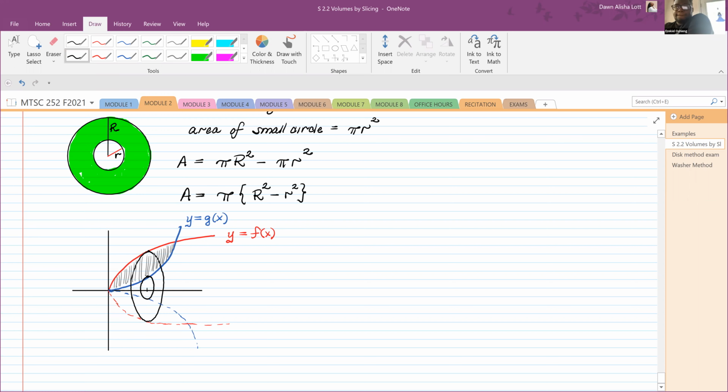So basically this is going to be some three-dimensional shape that has a hole in it.